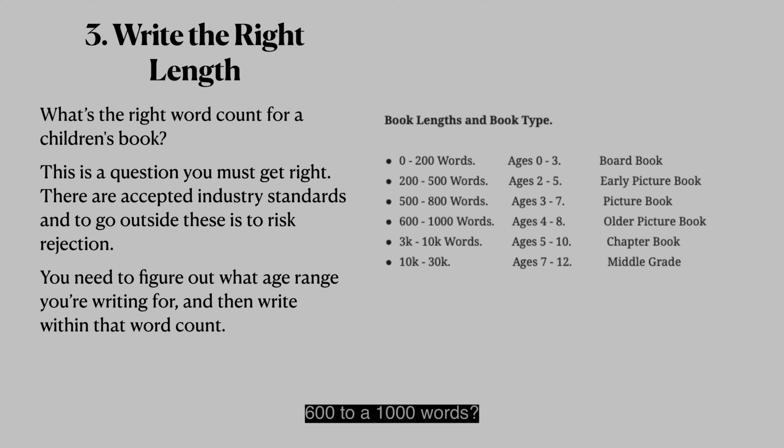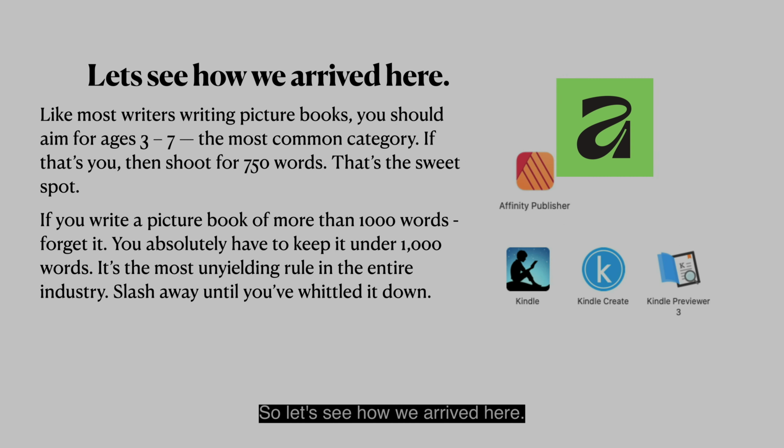600 to 1,000 words, older picture book. 3,000 to 10,000, 5 to 10, a chapter book. And 10k to 30k, ages 7 to 12, a middle grade book. So let's see how we arrived here. Most writers writing picture books, you should aim for ages 3 to 7, the most common category.